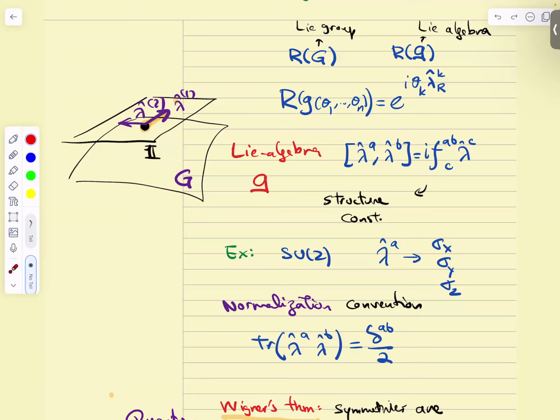But that's silly. What we usually do is we normalize our generators canonically using relations of this type. There are normalization conventions that we often take. We pick, for example, the trace, we fix the trace of these guys, right? You'll see that it's important: every time you quote something about the structure constants, you use the canonical normalization of the generators.